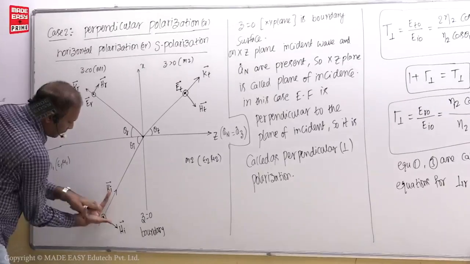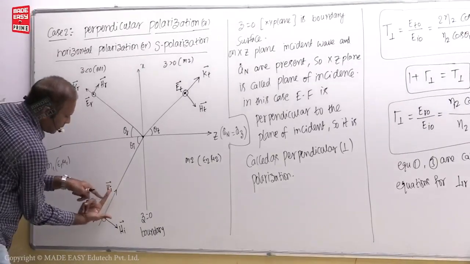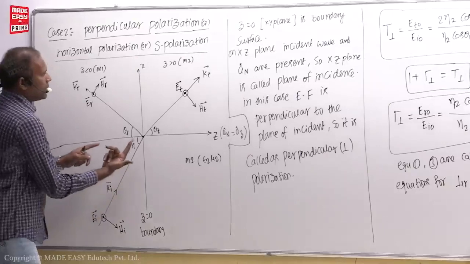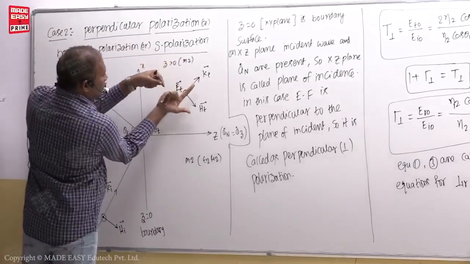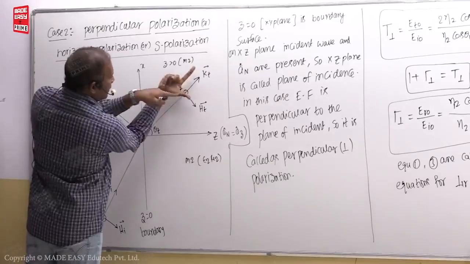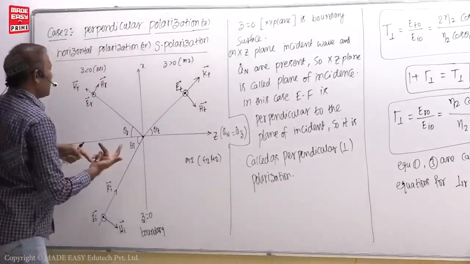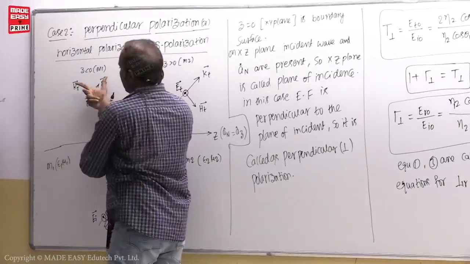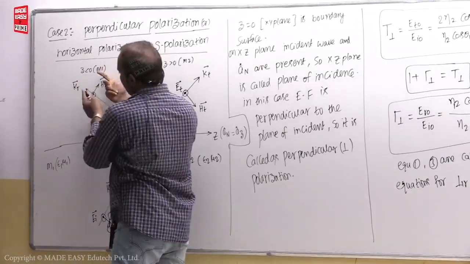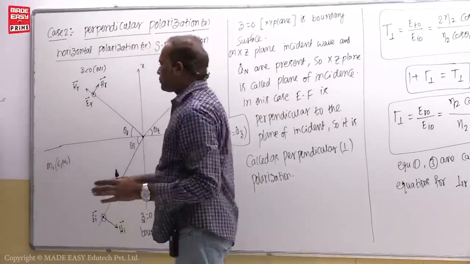This thumb is the magnetic field. This is the wave propagation direction. You can see here also like this. Out of the board is the electric field direction. This thumb is the magnetic field direction. And this is also the same way.